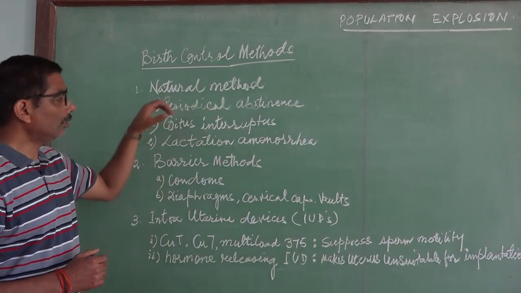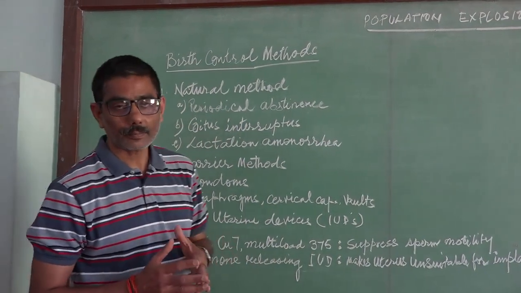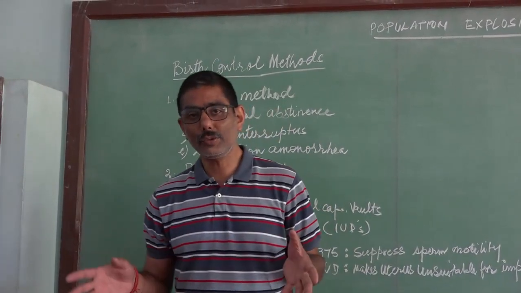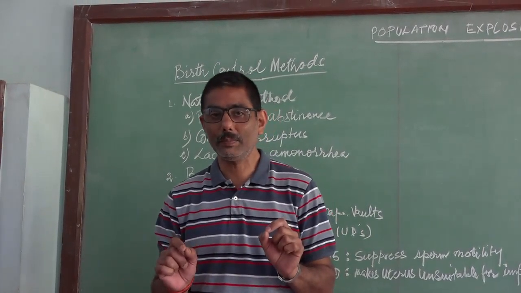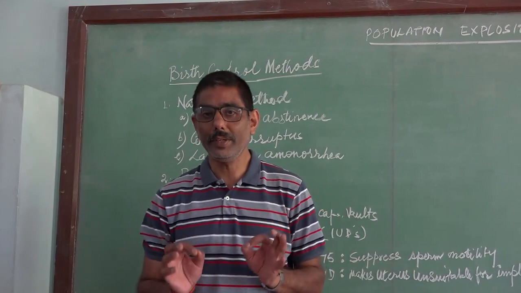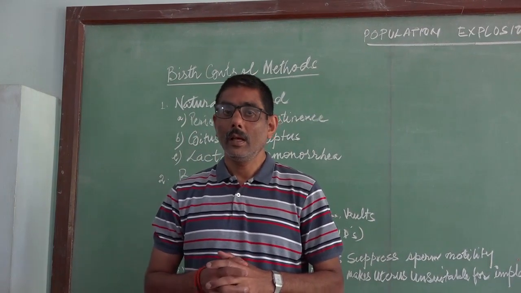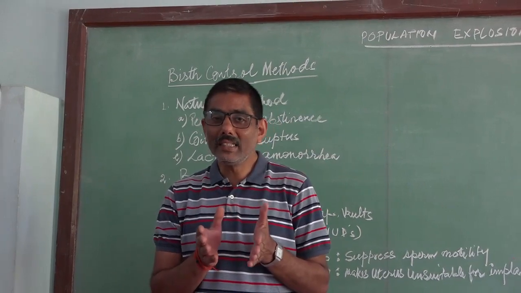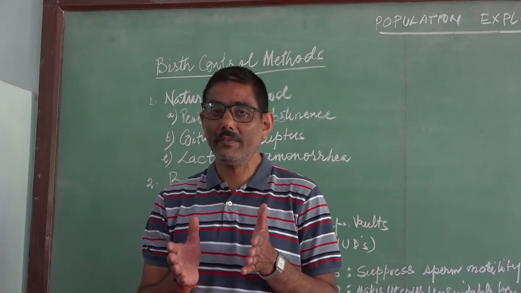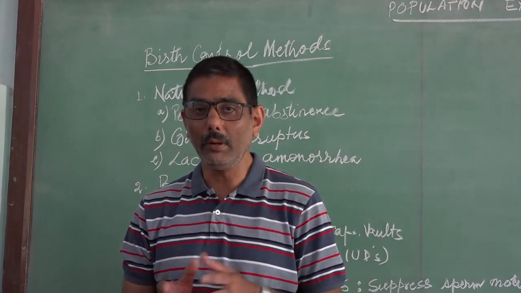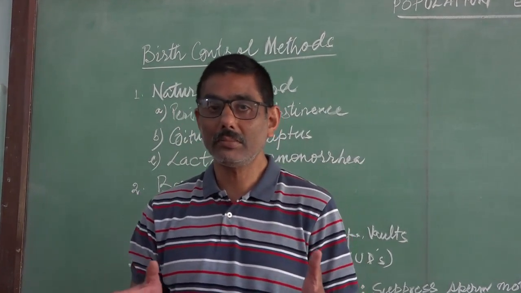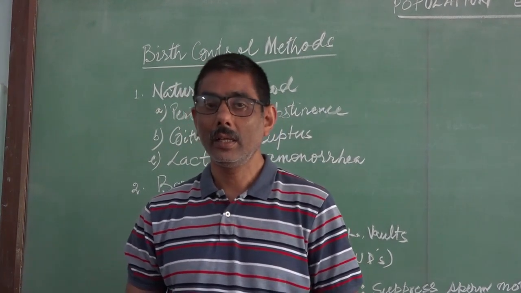Now, if we talk about the natural method, you know that in the menstrual cycle, the ovulation takes place in the middle of the menstrual cycle, that is on the 14th day. And that egg remains in the fallopian tube viable for say some 72 hours.